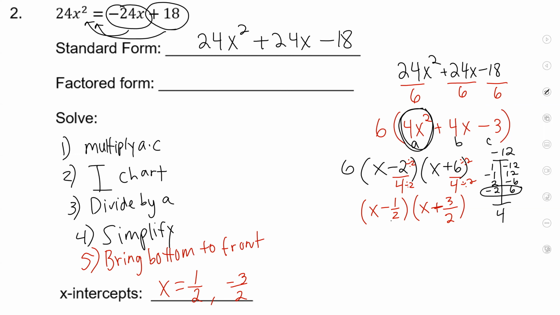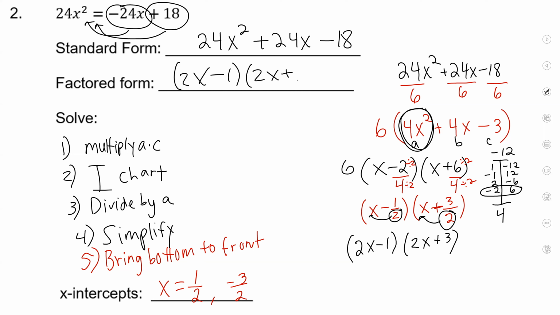This is the denominator. Bring it to the front. This is the denominator. Bring it to the front. So your factors are 2x minus 1 and 2x plus 3. So those are my factors. So factored form is 2x minus 1 and 2x plus 3.